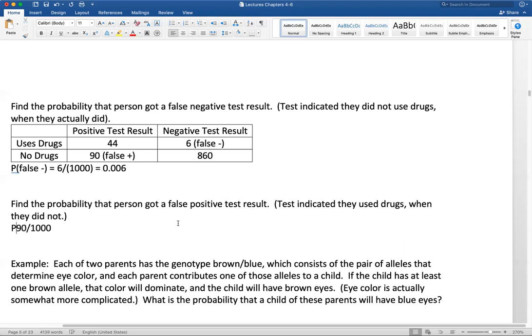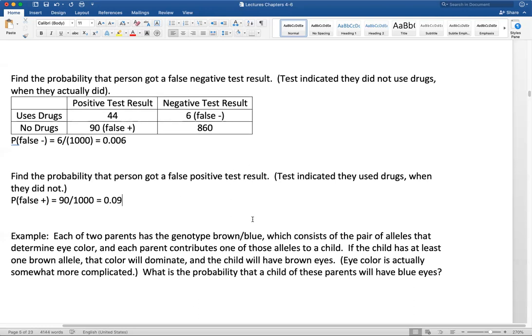Here is the probability of a false positive test result. So which is 0.9, right? 0.09, sorry. It's going to be 0.09.